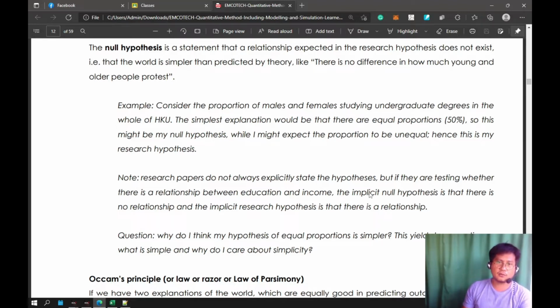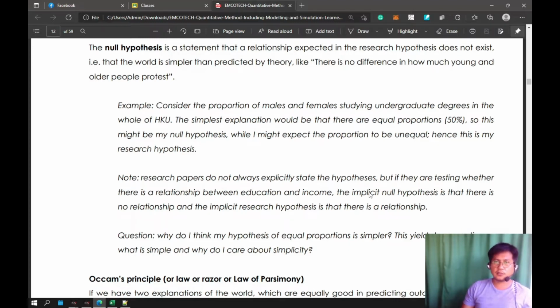That the world is simpler. For example, that the world is simpler than predicted by theory. Like there is no difference in how much young and older people protest. So in the previous video, we had this example: the hypothesis would be that you are trying to prove that younger people tend to attend protests or rallies compared to older people.